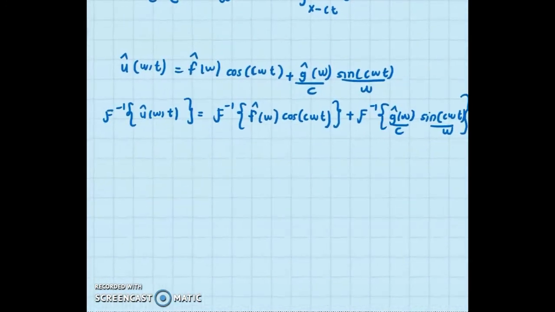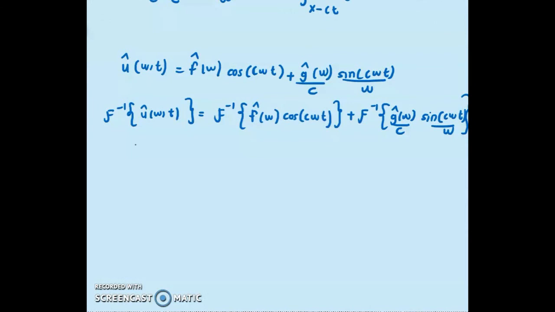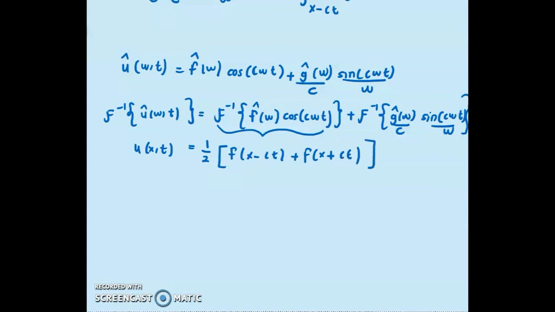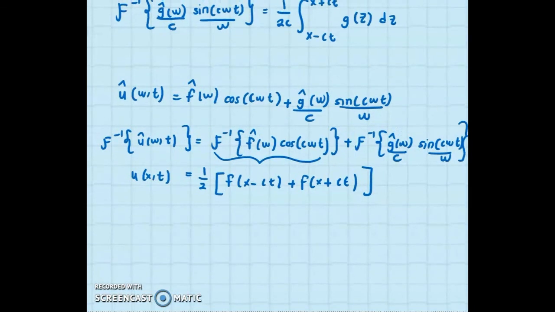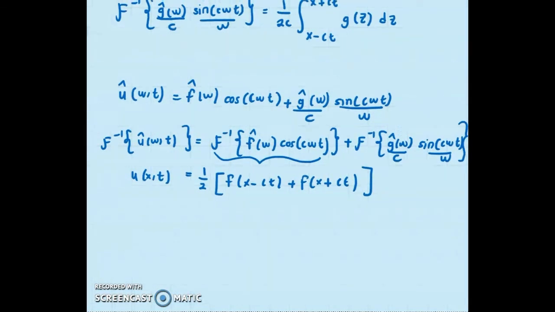We obtained earlier that the inverse of the first term is half of f(x minus ct) plus f(x plus ct). The inverse of the second, which we obtained just now, is 1 over 2c times the integral from x minus ct to x plus ct of g(z) dz.